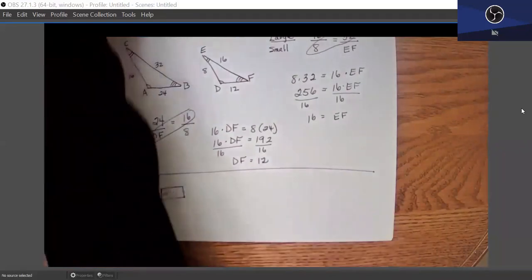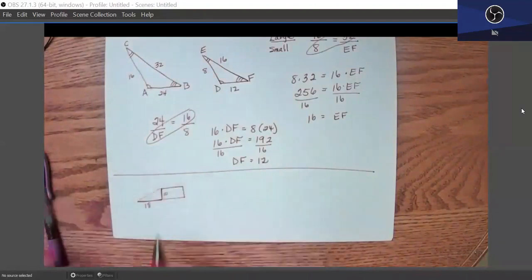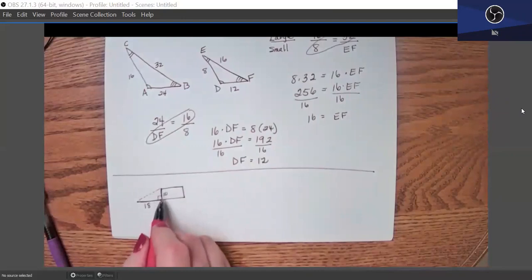That's actually creating a triangle. And since buildings stand right out of the ground vertically, so it's a 90-degree angle there, I have a right triangle. One leg is 10, the other leg is 18.